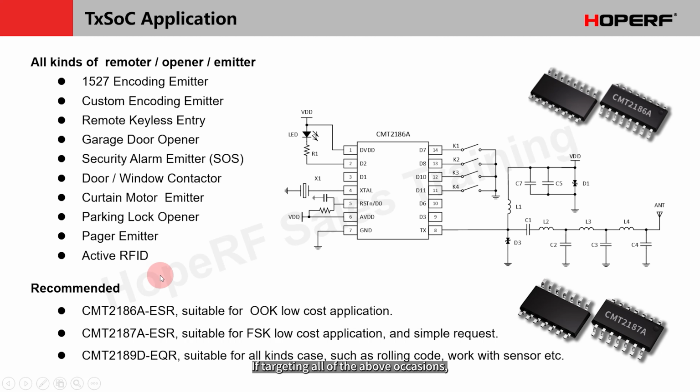If targeting all of the above occasions, including high-end applications such as encrypted rolling code and sensor detection, CMT2189D can be recommended. Because CMT2189D has more abundant resources, it supports OOK and FSK modulation, and also supports multi-channel ADC. It can meet the needs of higher-end application occasions.